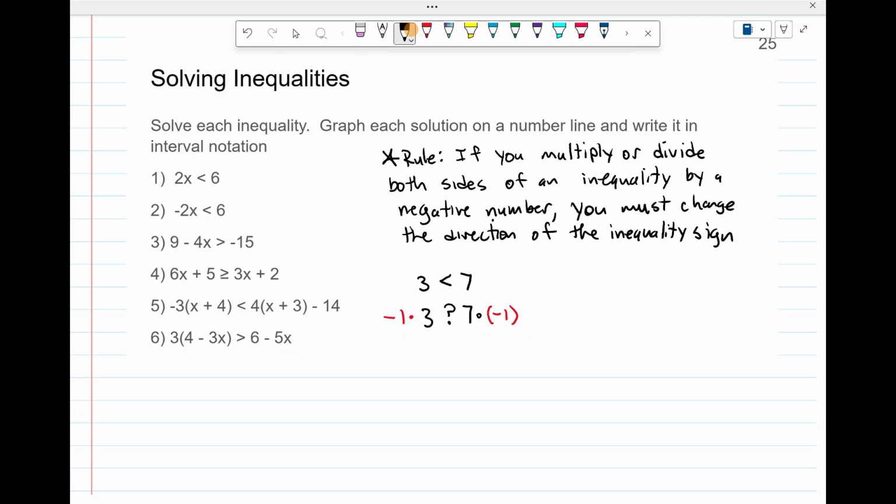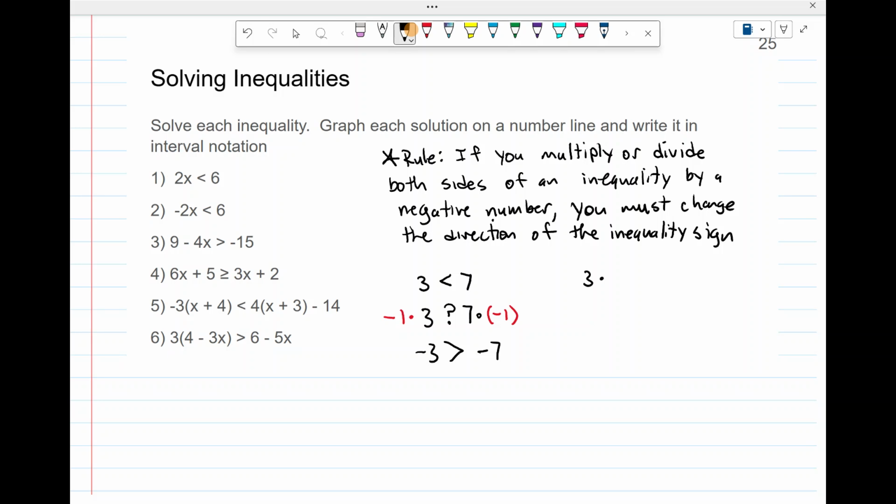Well, negative 1 times 3 is negative 3. And 7 times negative 1 is negative 7. Which number is bigger? Well, if you have two negative numbers like this, negative 3 is actually bigger than negative 7. So you can see that we had to switch the direction of our inequality sign.